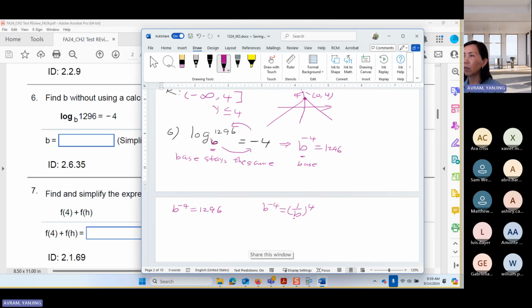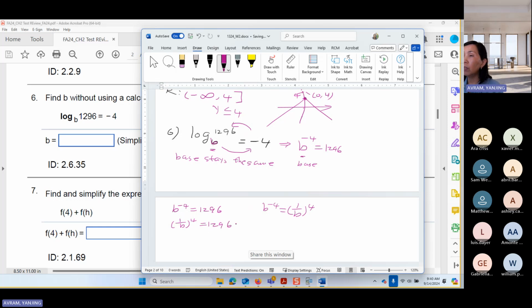So 1 over b to the 4 power will equal 1296.